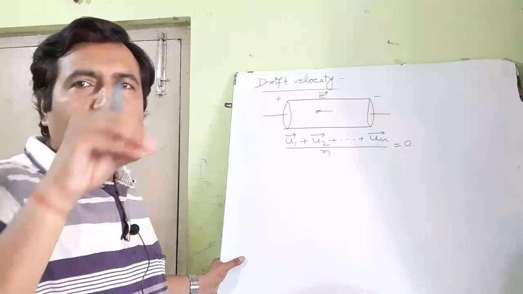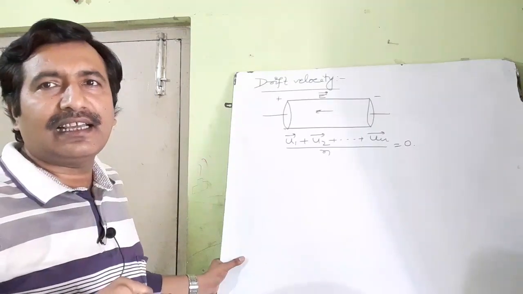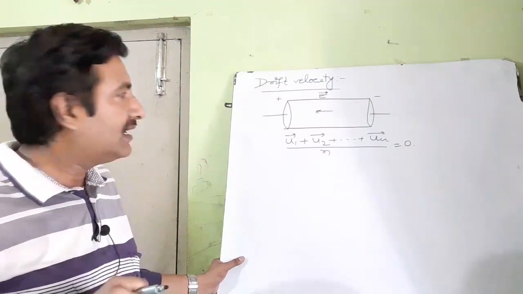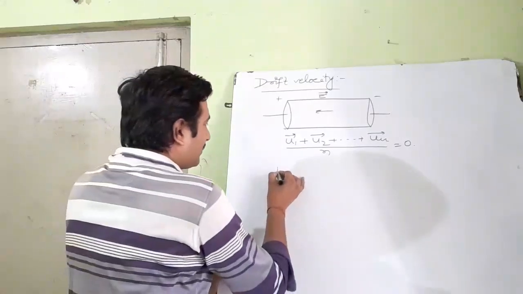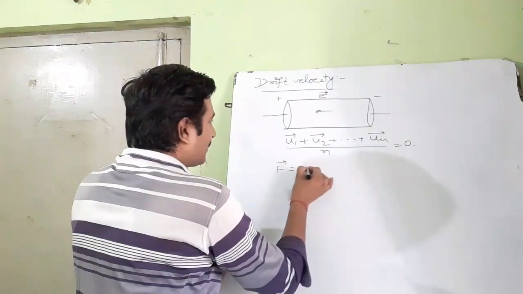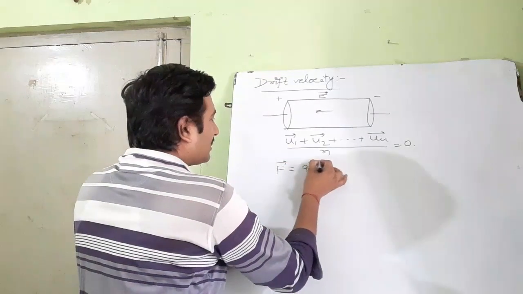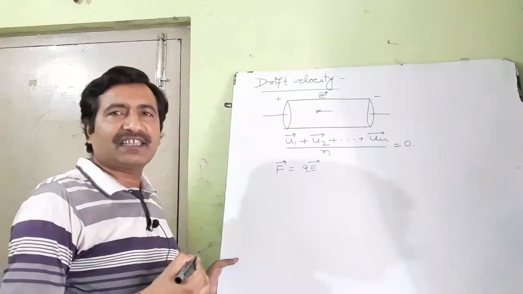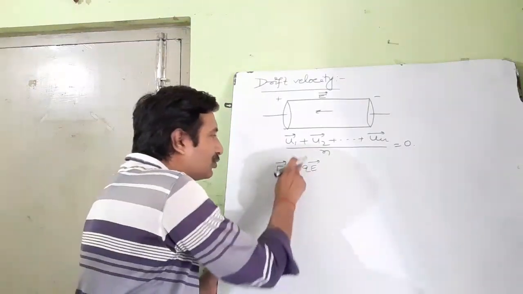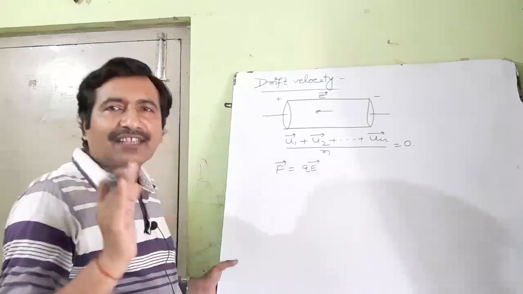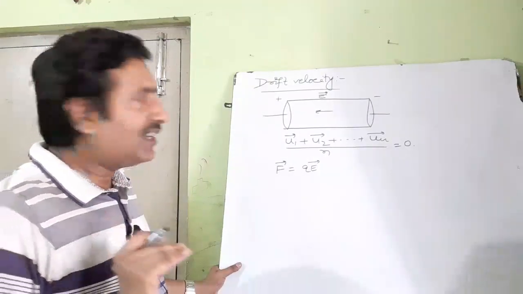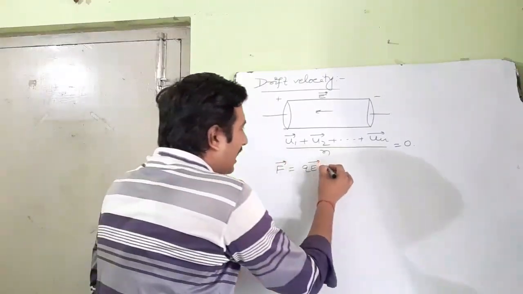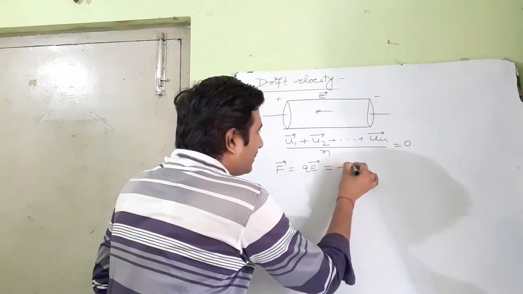The force on a charged particle carrying charge Q in a uniform electric field is given by F = QE. The charge on an electron is minus e, so the force on a free electron is minus eE.